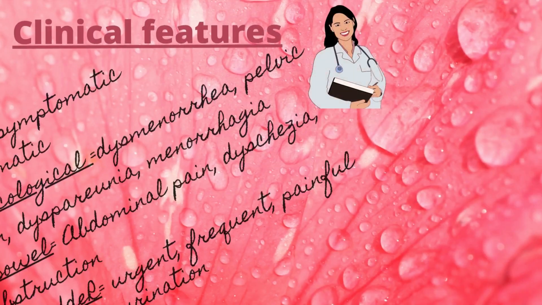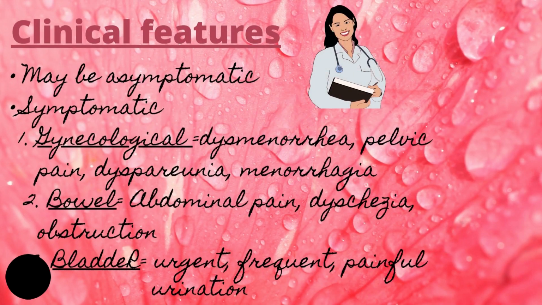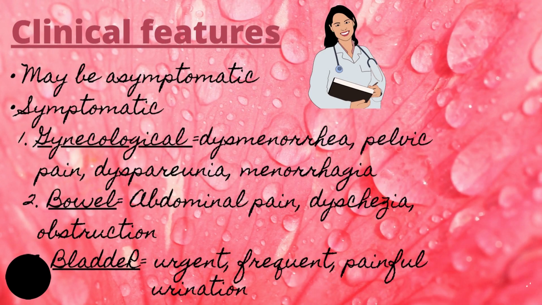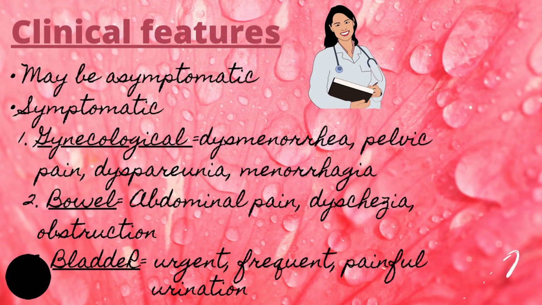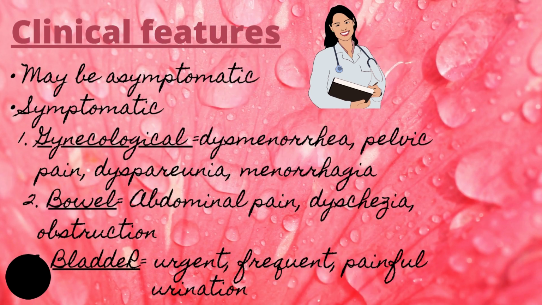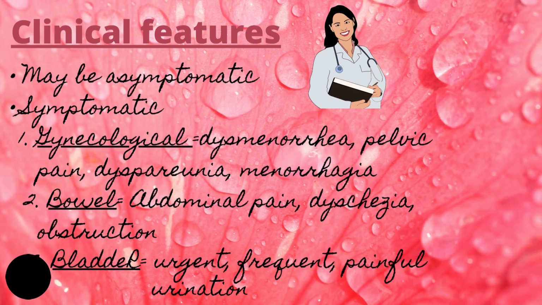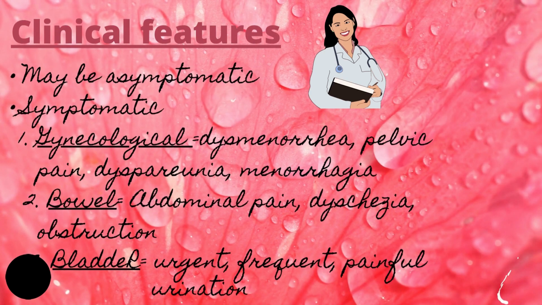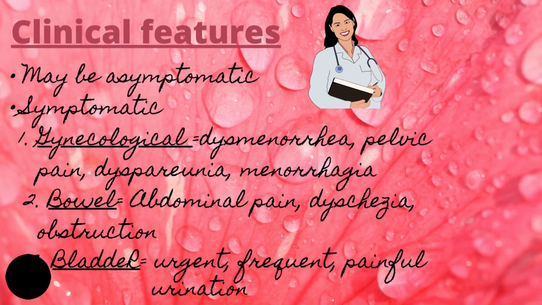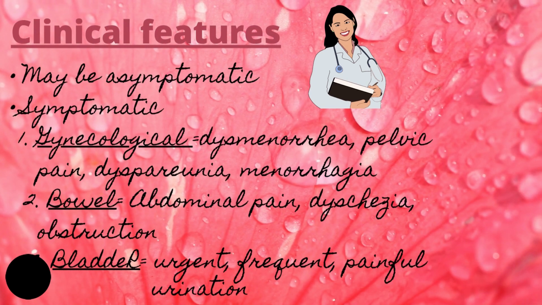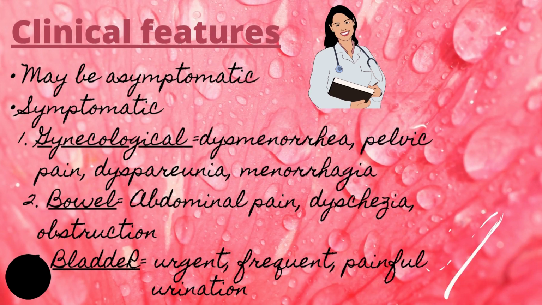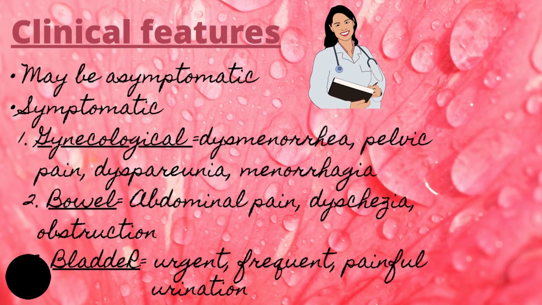Now let's talk about the clinical features of endometriosis. About 1/3 of the patients may remain asymptomatic. If the patients show symptoms, then the symptoms depend upon the site of involvement. If it involves the reproductive structures, symptoms like pelvic pain, dysmenorrhea, which is painful menstruation, dyspareunia, which is painful sexual intercourse, and menorrhagia, which is heavy bleeding, can occur.